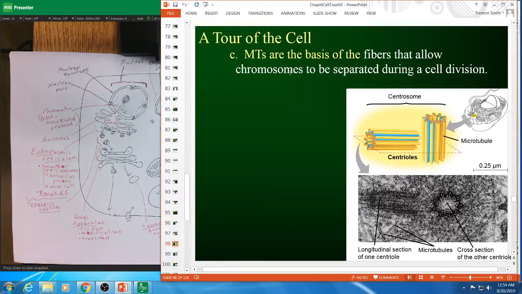Okay, so there are these little beasties within the cell called the centrosome, each made up of two centrioles, and these guys act like Grand Central Station. Remember I said the microtubules are like train tracks? If that's true, then these guys are like Grand Central Station. They kind of organize and are the hub for the microtubules emanating out of there. And that's especially true when it comes time to separate your chromosomes in cell division.